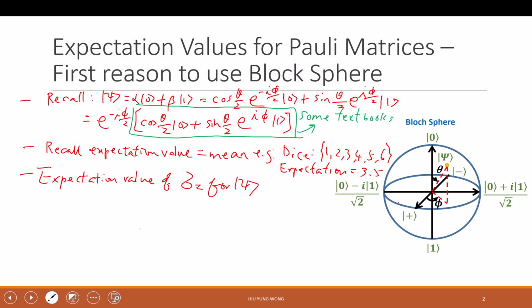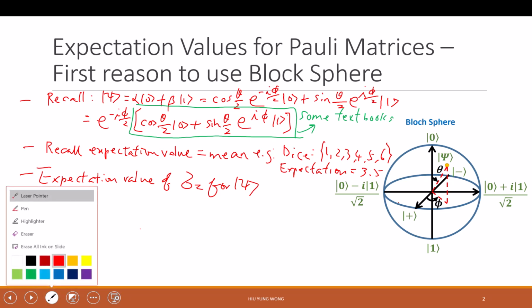And it turns out sigma z is the matrix that corresponds to this measurement, because its eigenvalues are the possible outcomes of the experiment. And it also meets the physics of this process.